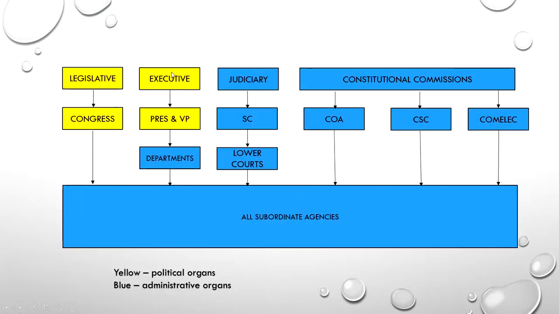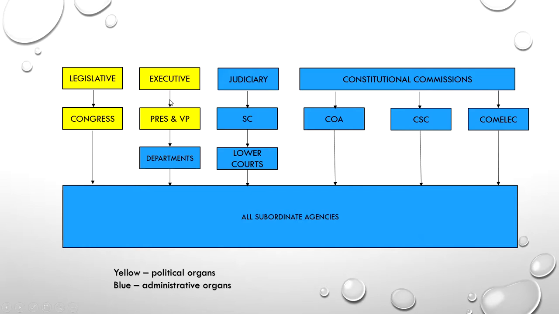So this is an illustration of the government structure of the Philippines. The yellow ones would be the political organs of the government of the Philippines. The legislative has the Congress, which has two houses. I forgot to include your House of the Senate, then your House of Representatives, your senators, then your congressmen.